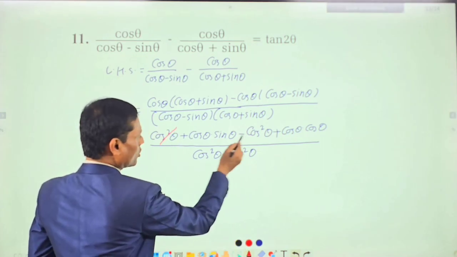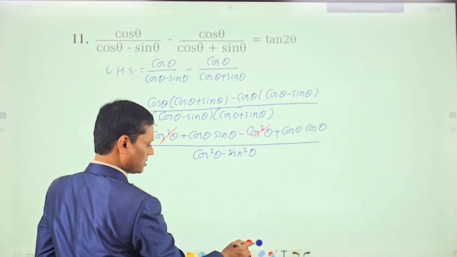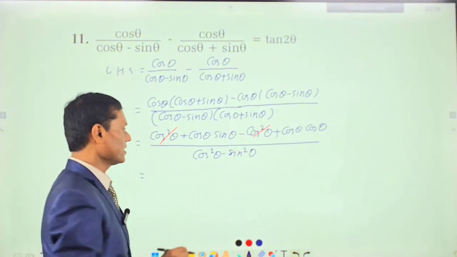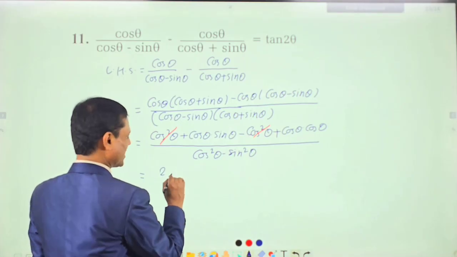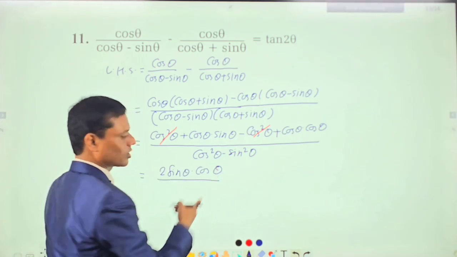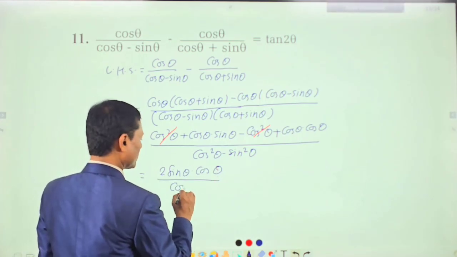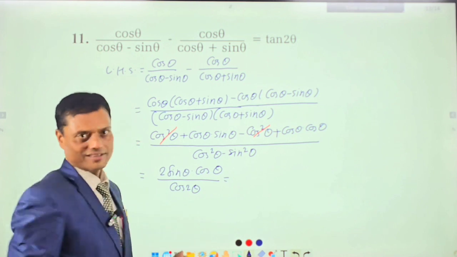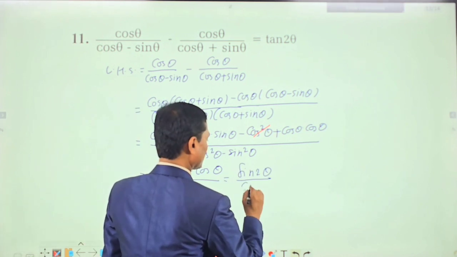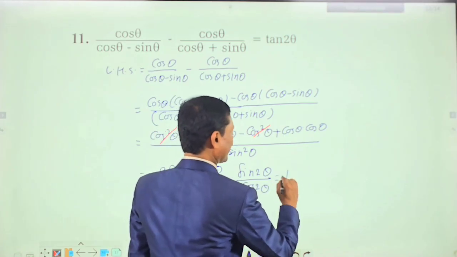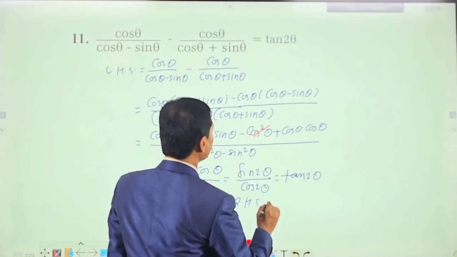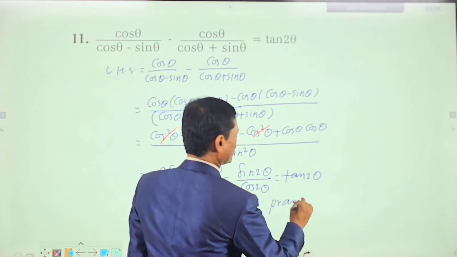Now cos square theta plus and cos square theta minus will be cancelled, and we have here cos theta dot sin theta plus cos theta dot sin theta. We can write 2 cos theta dot sin theta or 2 sin theta dot cos theta, same thing. And here cos square minus sin square theta means cos 2 theta, and 2 sin theta dot cos theta means sin 2 theta over cos 2 theta, and that equals tan 2 theta, and that's equal to right hand side, and that is good.